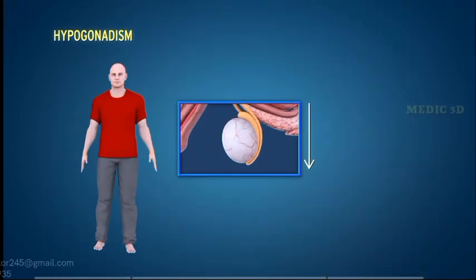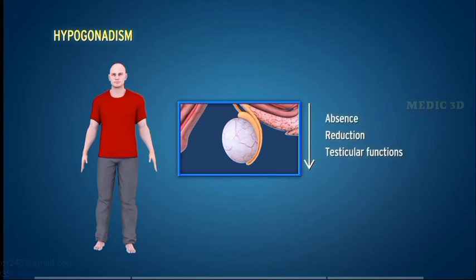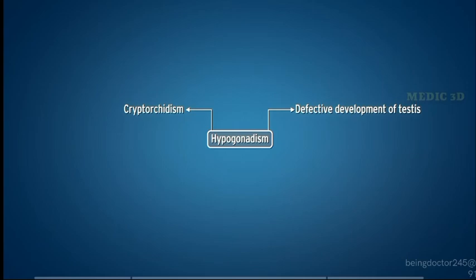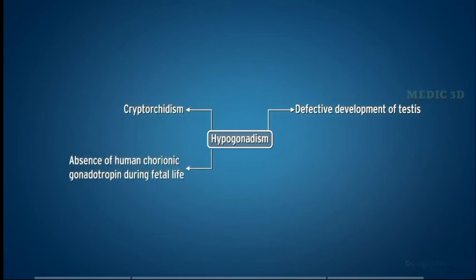Hypogonadism. Hypogonadism is a condition in which there is absence or reduction in the testicular functions. This is because of defective development of testes, cryptorchidism, absence of human chorionic gonadotropin during fetal life, and extirpation of testes.